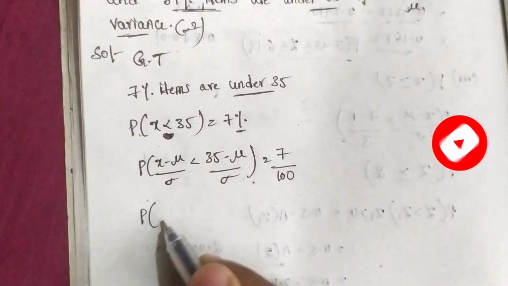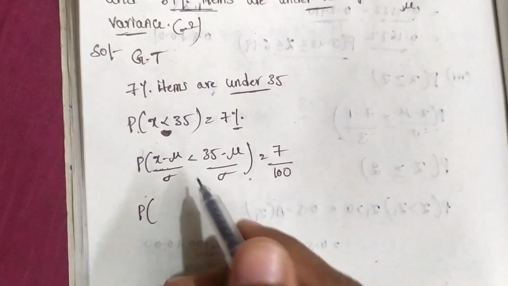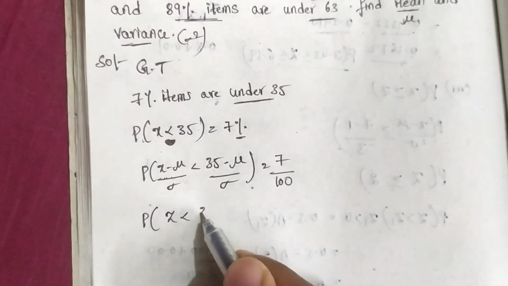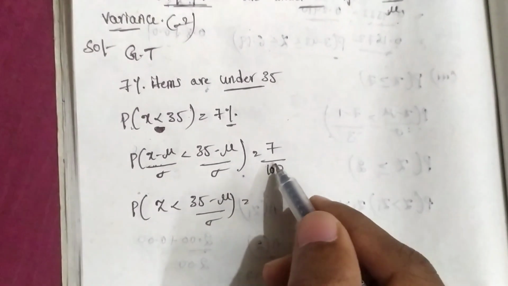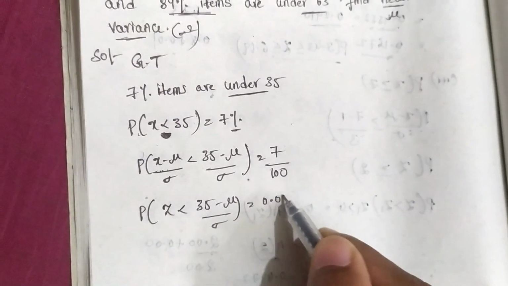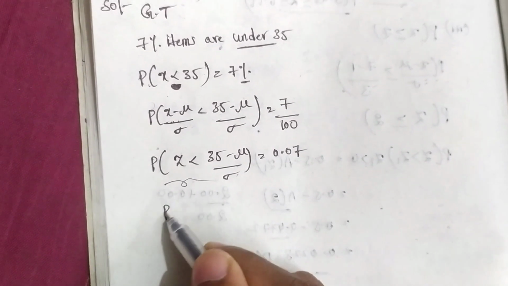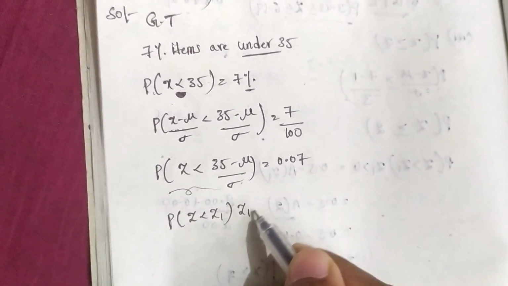Here (X minus mu) by sigma is the value for Z. So in this place we replace Z less than (35 minus mu) by sigma equals 7 by 100. We get 0.07. Here this is in the form of P of Z less than Z1, and Z1 is greater than 0.